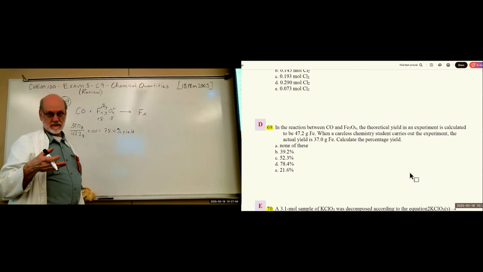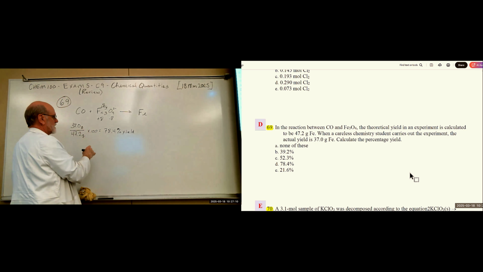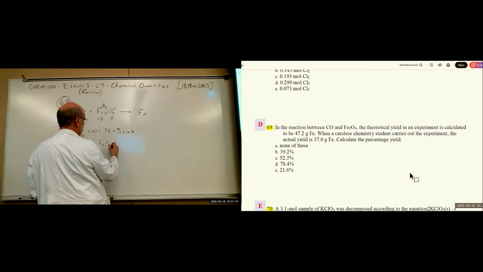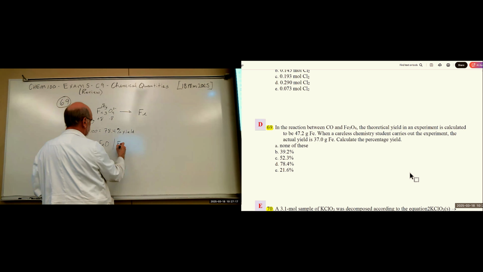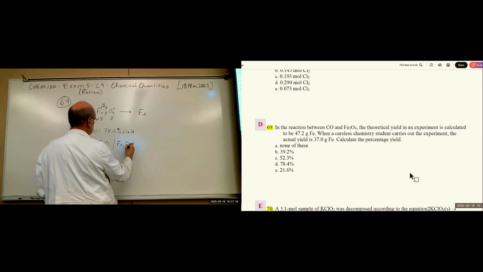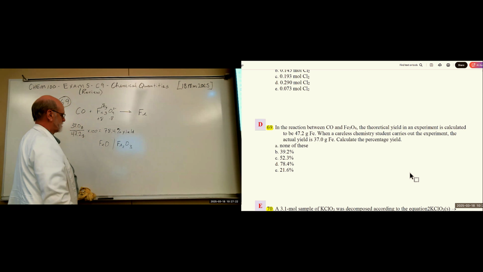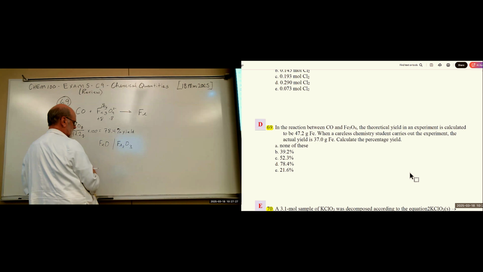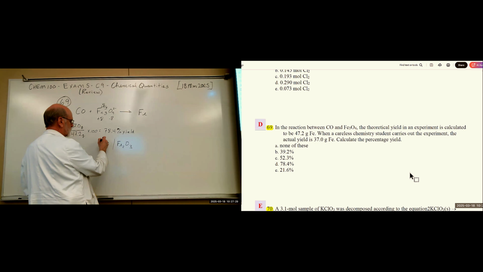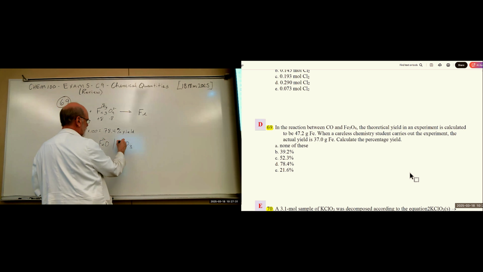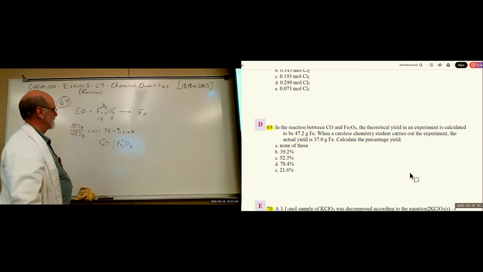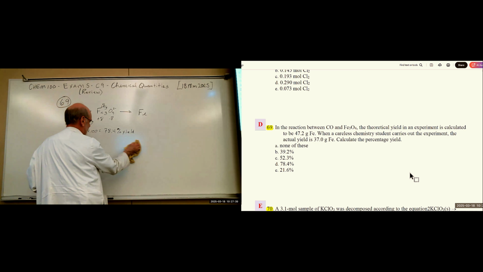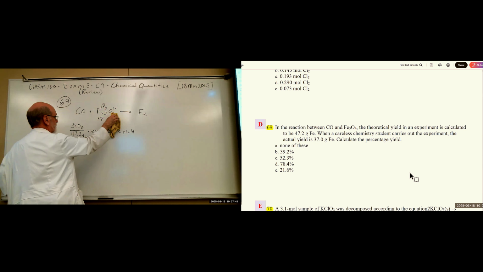But in order to reconcile charges, we need FeO along with Fe2O3. Okay, so you got equal amounts of each one of these. This one, of course, would be a 2+, and this one would be a 3+. Okay. But you can still write the reaction with that compound.